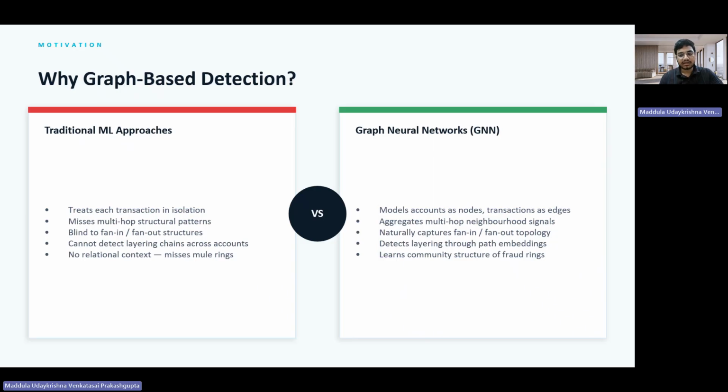In these graph neural networks, accounts act as nodes and the transactions between the accounts are taken as edges. We aggregate them to form multi-hop neighborhood signals, capture the fan-in or fan-out topology, detect the layering through path embeddings, and learn community structure of fraud rings.